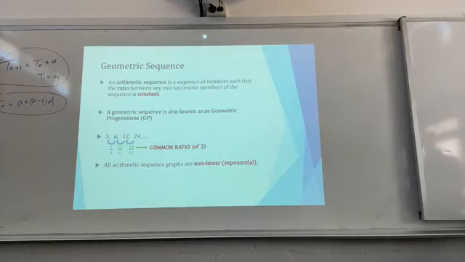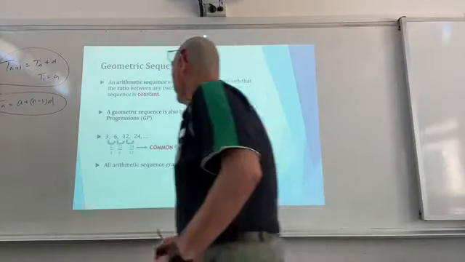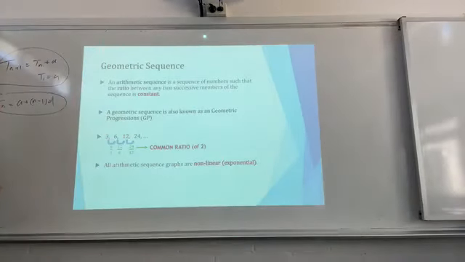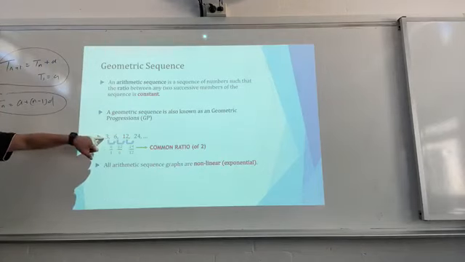Now, the definition of a geometric sequence is a sequence of numbers such that the ratio between any two successive numbers of the sequence is constant. A geometric sequence is also known as a geometric progression. Now, the way you work out the ratio, you look at two successive numbers. You use the second number divided by the first number.